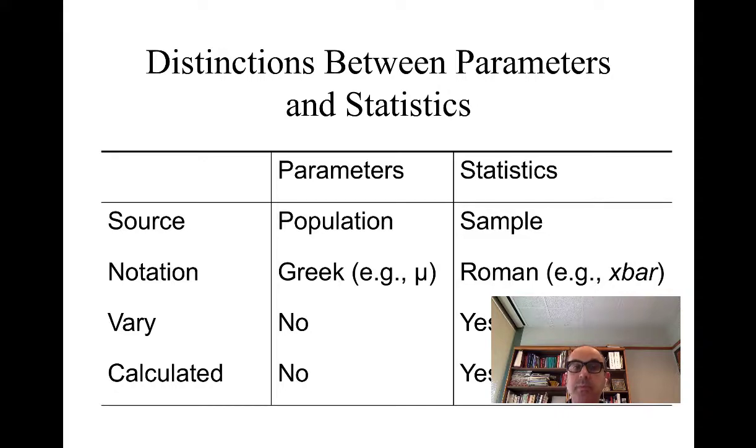Remember that when we are talking about the sample, it's usually x bar. The distinction between those two things is, again, the source: a population versus a sample. The notation for the population is mu, and for the sample we are talking about x bar.